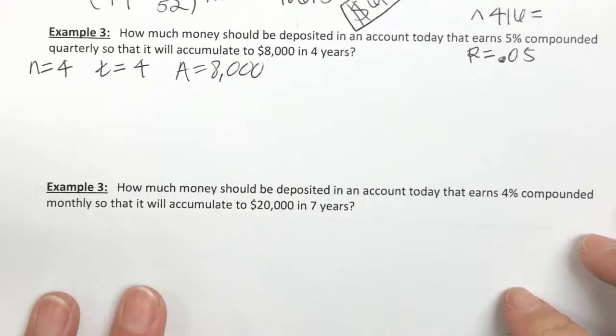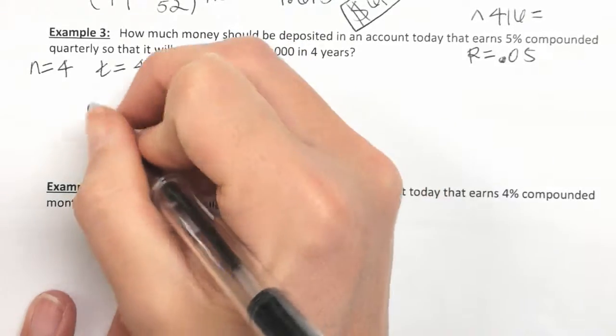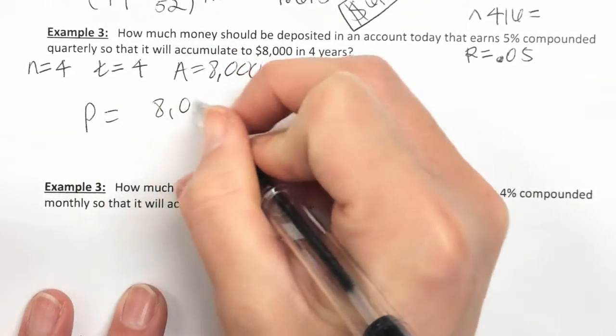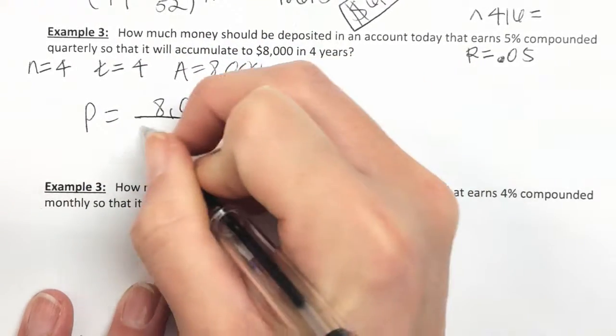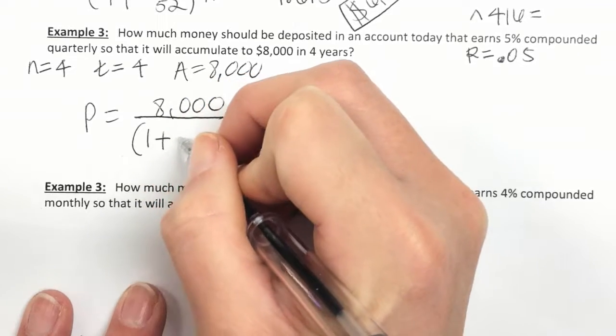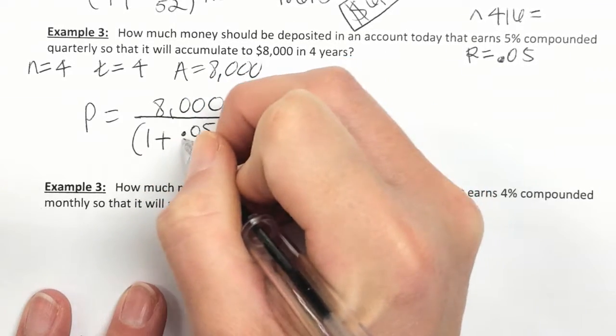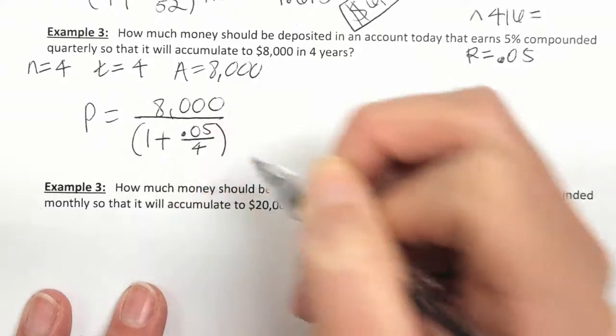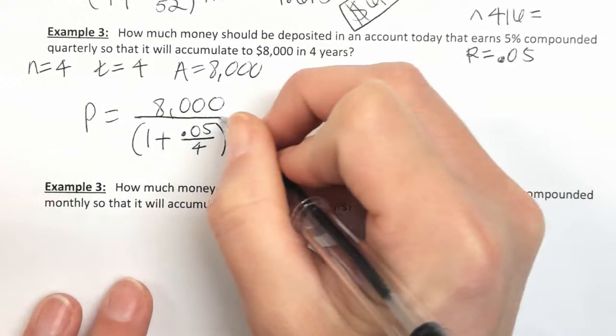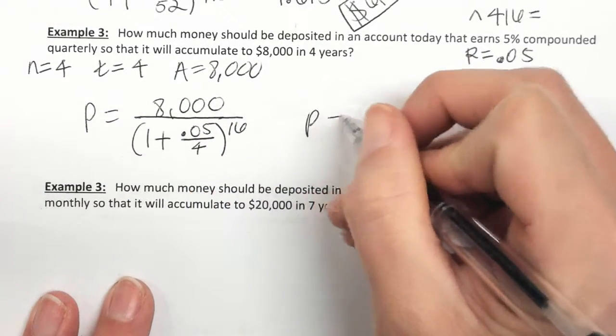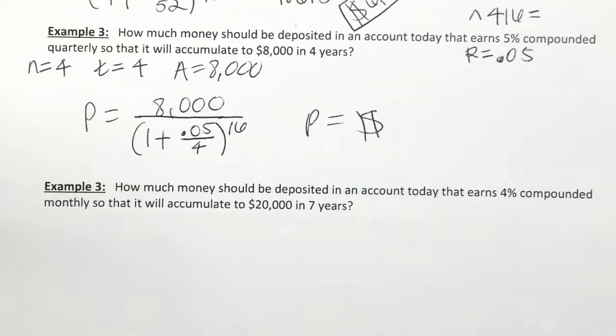So to set up the formula, we're going to have P equals 8,000 divided by 1 plus 0.05 divided by n, which is 4, raised to the 16th power. Go ahead and calculate it on your own, then I'll call on one person.